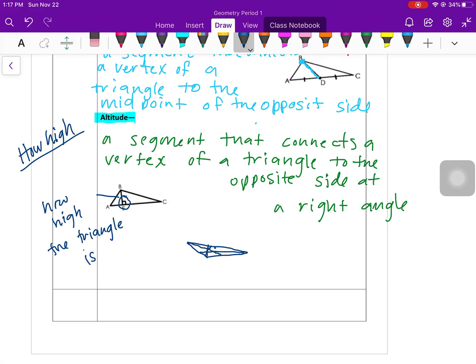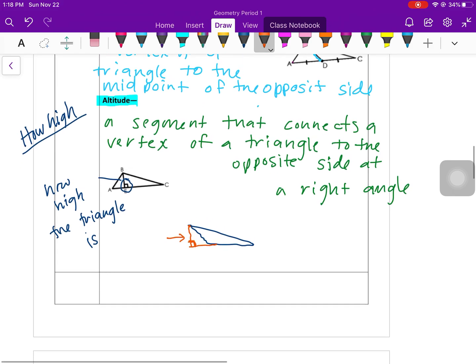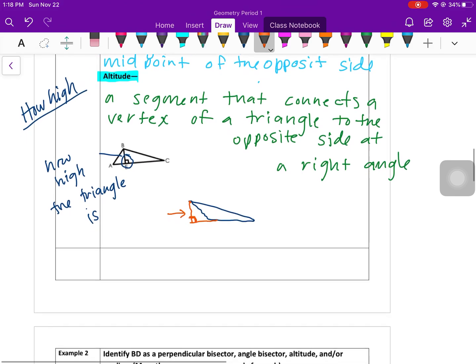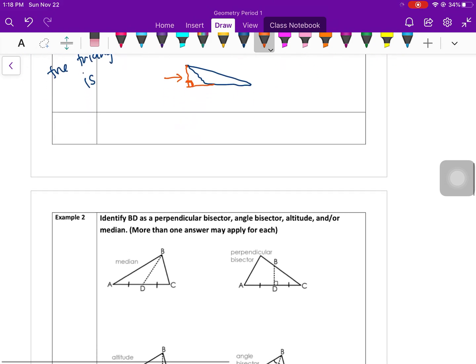We could find out what that right angle is, but say we wanted to form it the way that our triangle is just set up, we could draw an altitude from the vertex on the outside of the triangle forming a right angle, and that would tell us based on that vertex how high that triangle is facing that direction on that vertex.